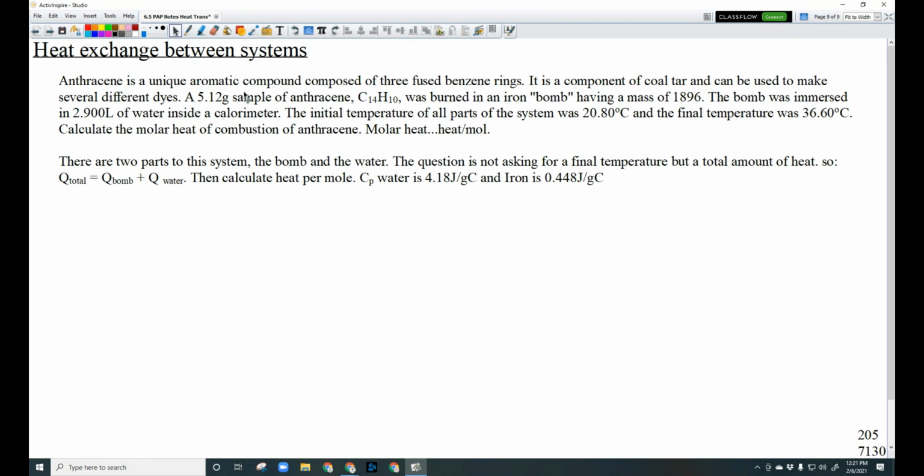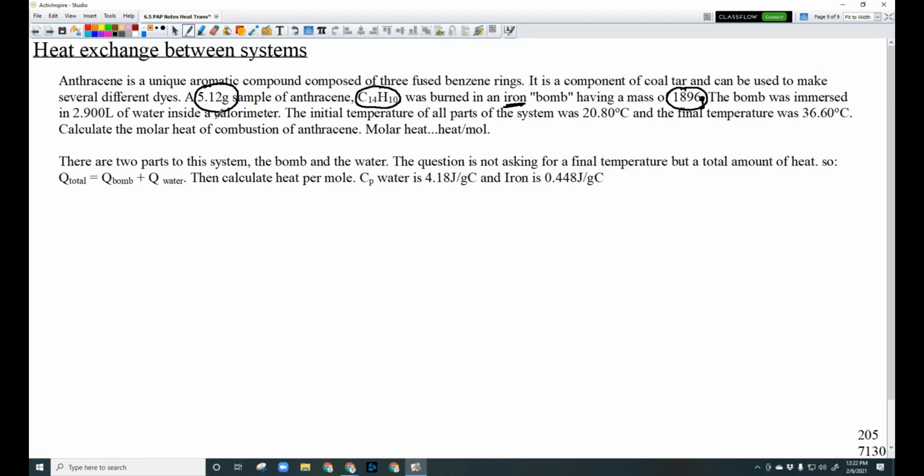Anthracene is a unique aromatic compound composed of 3 fused benzene rings. It's a component of coal tar and can be used to make several different dyes. A 5.12 gram sample of anthracene, which is C14H10, was burned in an iron, that's going to be important, iron bomb having a mass of 1896, and that's supposed to be grams.